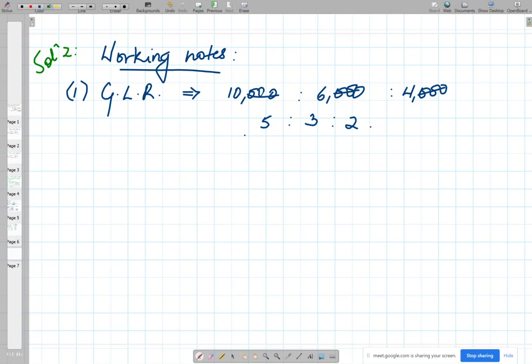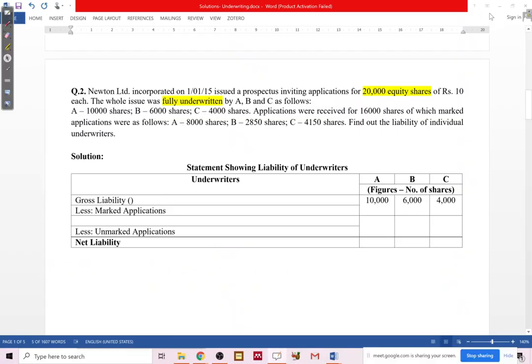So, the final gross liability ratio, by reducing all three numbers to their lowest, is 5:3:2. Is this clear to you all? Whenever you are given whole numbers instead of percentages, you need to reduce them down to a particular ratio.